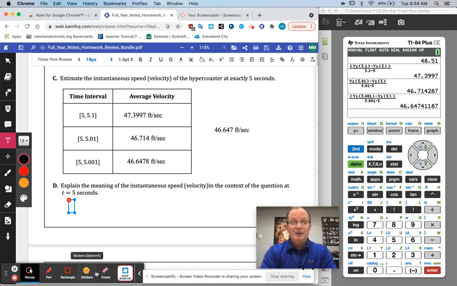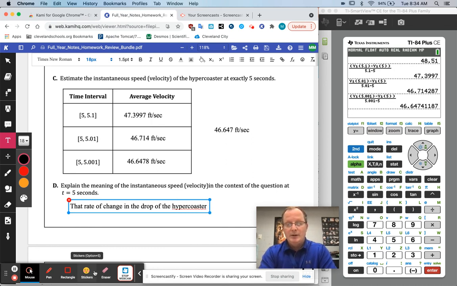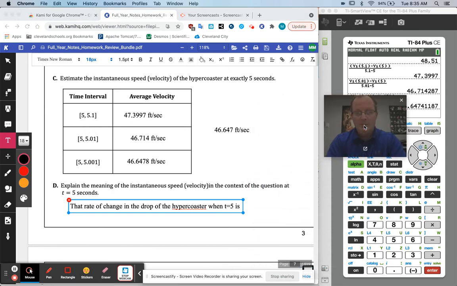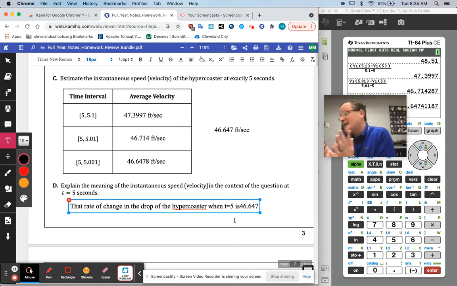the meaning is how fast, okay, I'll say rate of change. The rate of change in the drop of the hypercoaster when t equals 5 is 46.647, or approximately, right?